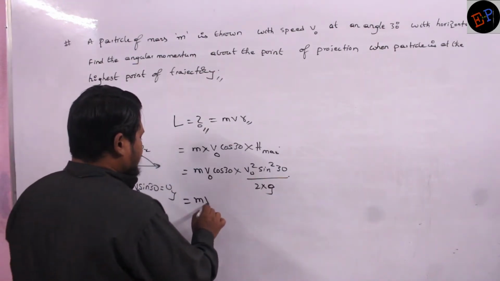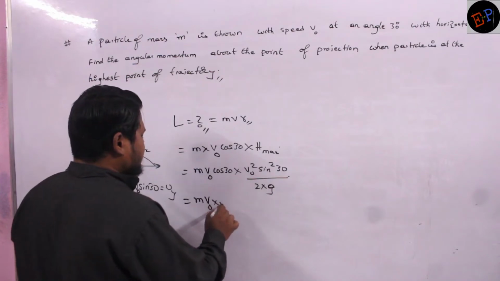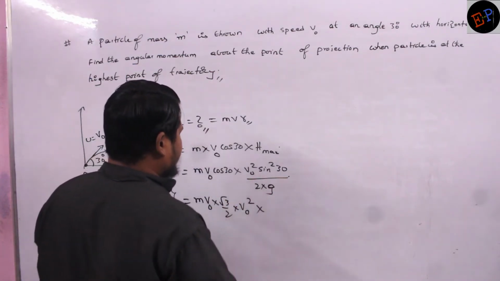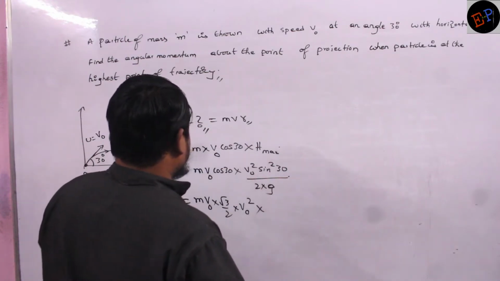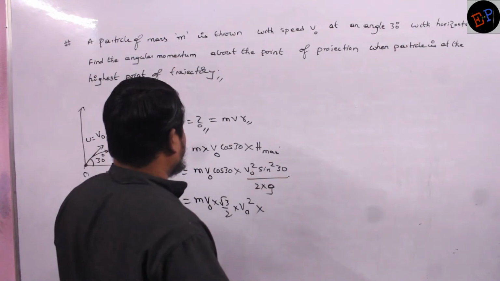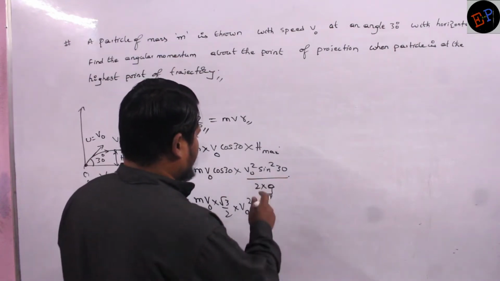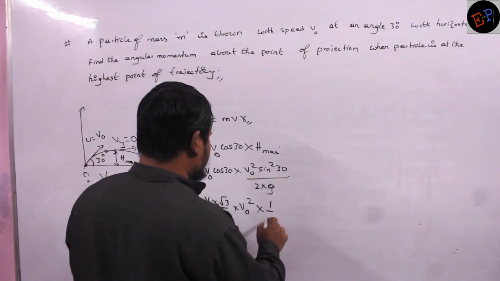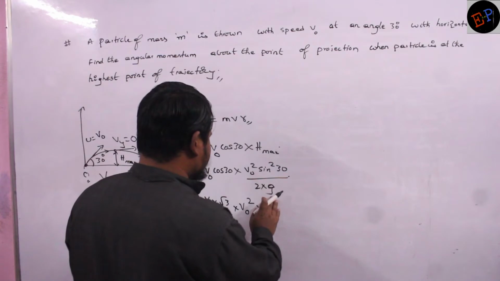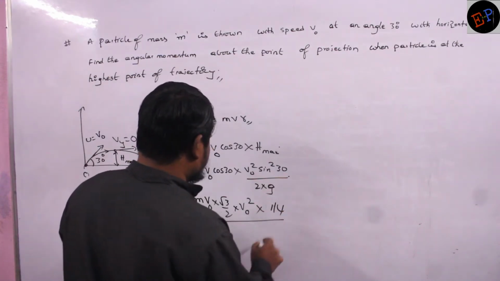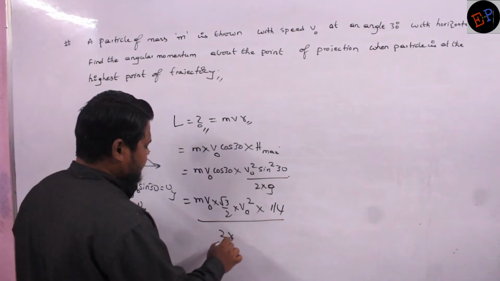So m, v naught cos 30 value is root 3 by 2, multiplied by v naught square, multiplied by sin 30 value 1 by 2. So 1 by 2 whole square is 1 by 4, divided by 2 into g.